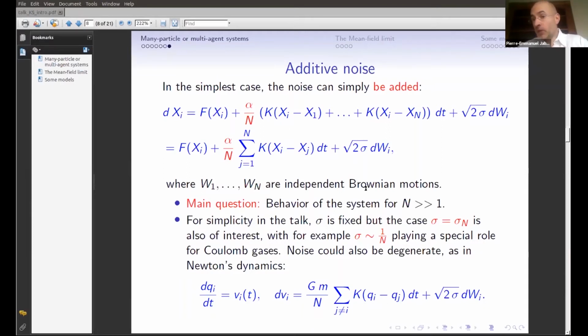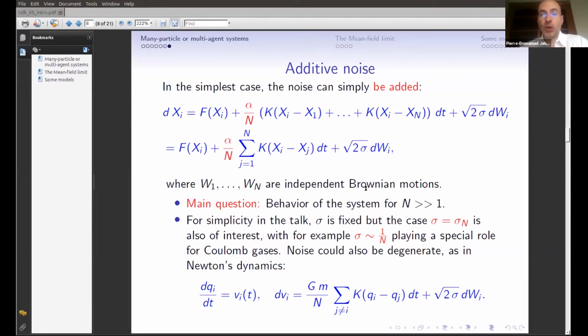Now, there are many ways of adding noise. You can multiply it, it's multiplicative noise. You can use other types of noise than Brownian motion. Again, here it's the simplest case. Note as well that here I'm fixing the size of the diffusion.